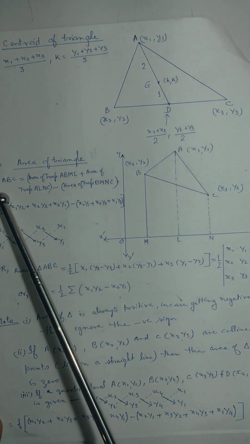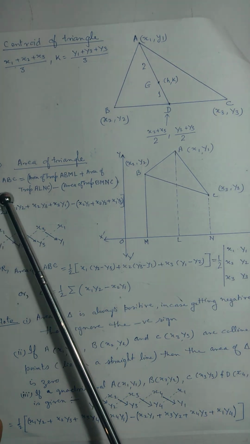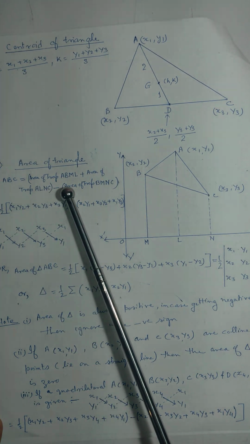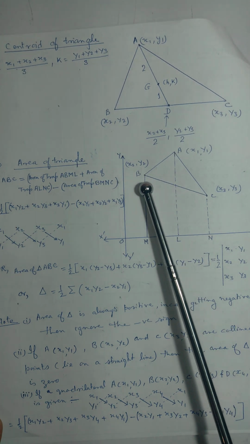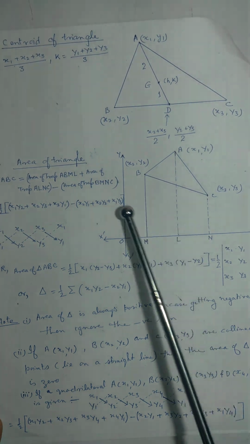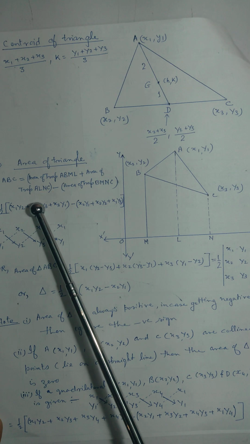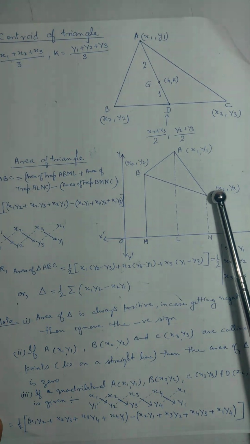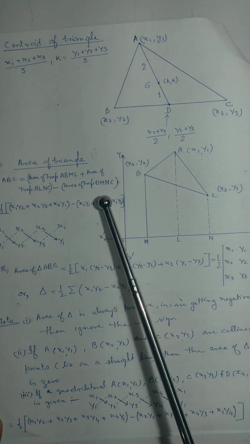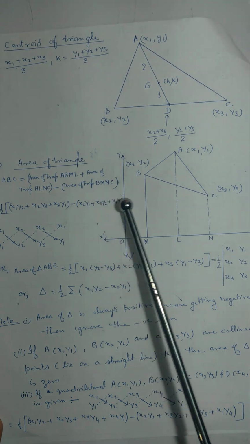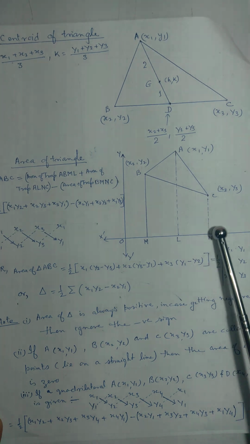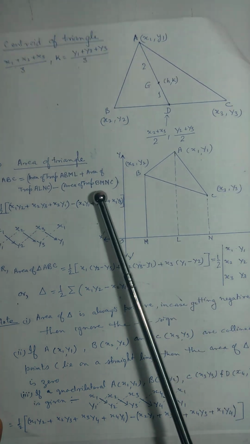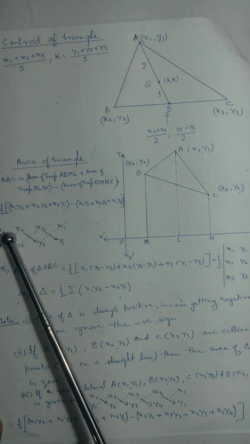So here I have mentioned it. The area of triangle ABC will be equal to the area of trapezium ABML plus the area of trapezium ALNC minus the area of trapezium BMNC. So on subtracting, you will get the area of ABC.